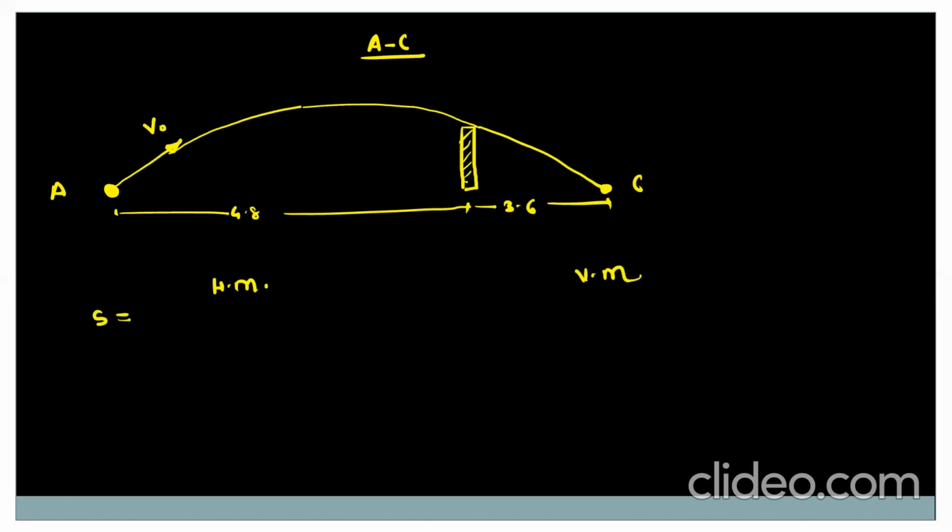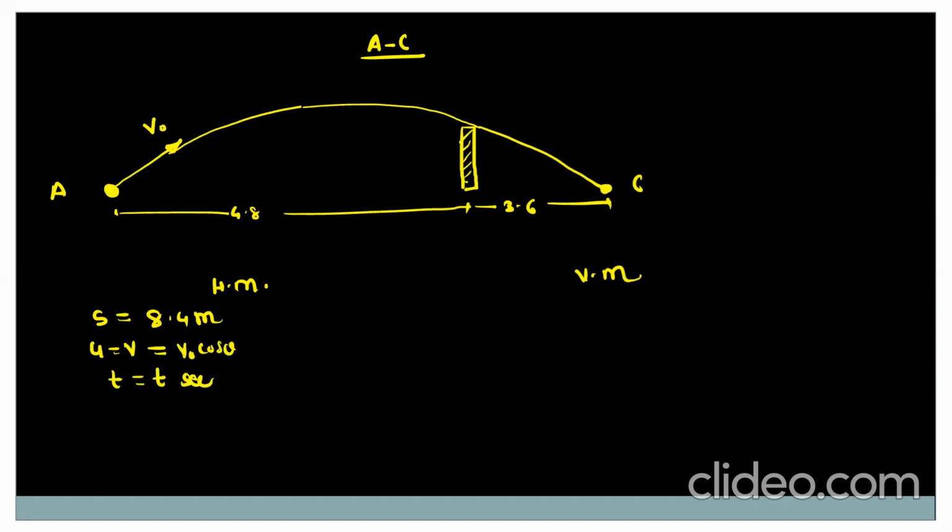Okay, so that is equal to 8.4 meter. Then the initial velocity will remain the same. So initial is equal to final velocity, that is equal to V naught cos theta. Then time t will be the total time for motion A to C. So you can assume this as total time t.